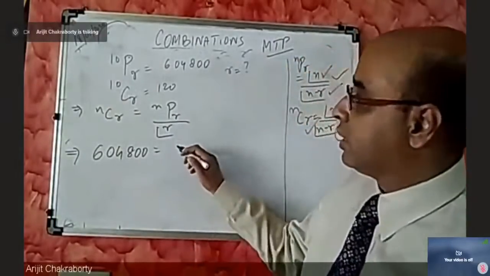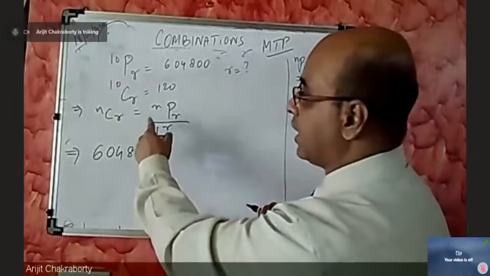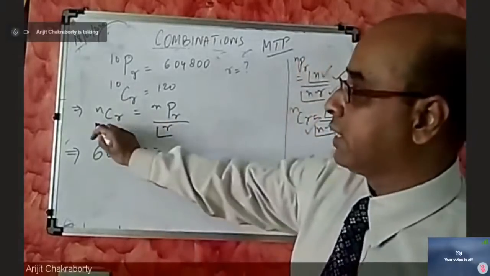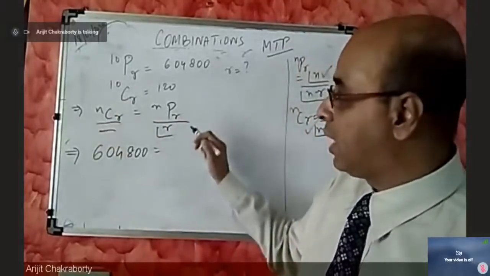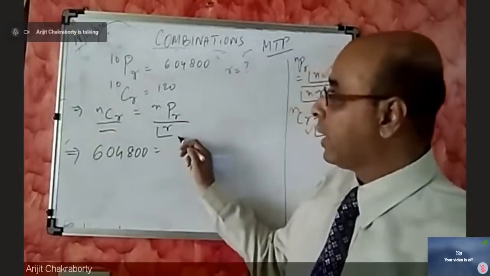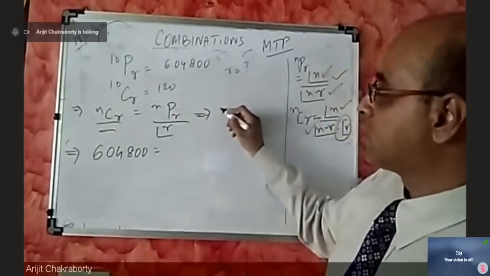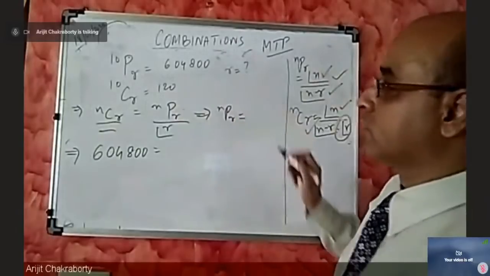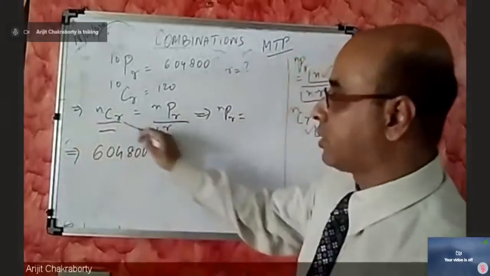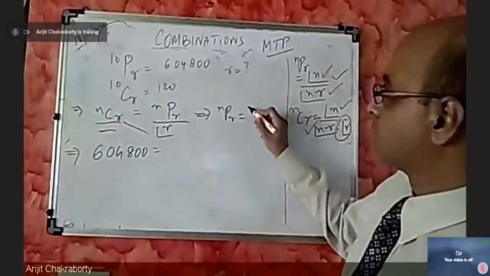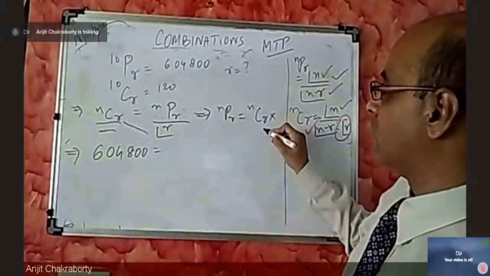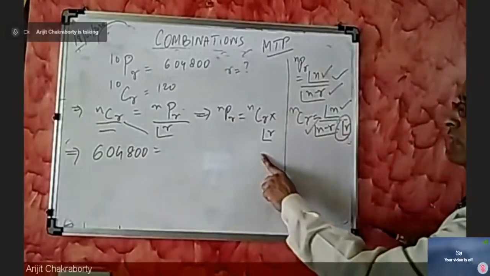The idea is, if nCr is equal to nPr by factorial r, that means nPr is equal to nCr into r factorial, by cross multiplication.